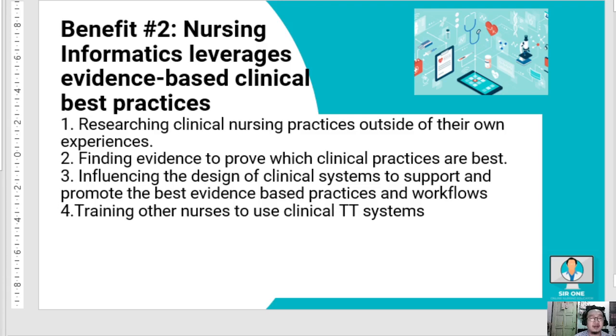And number three, influencing the design of clinical systems to support and promote the best evidence-based practices and workflows.